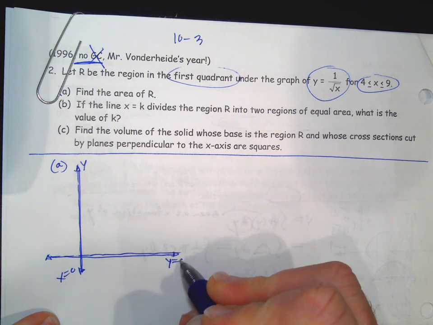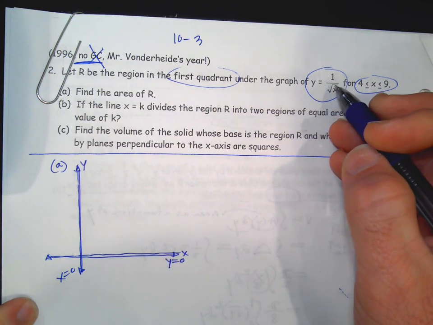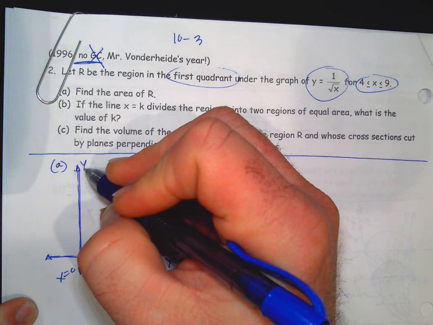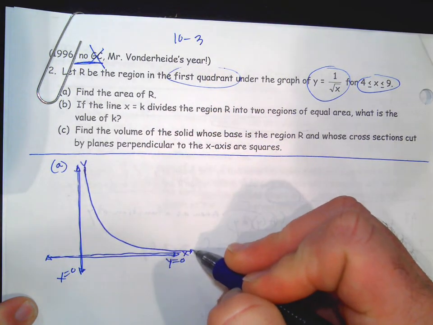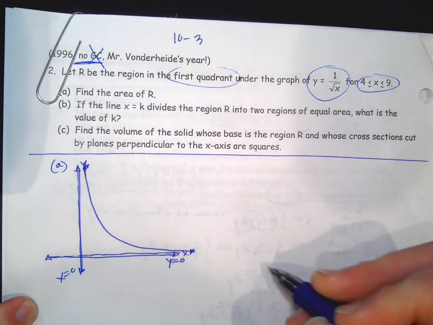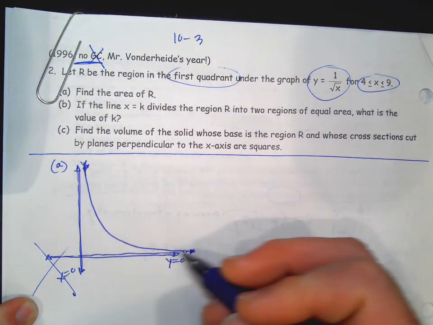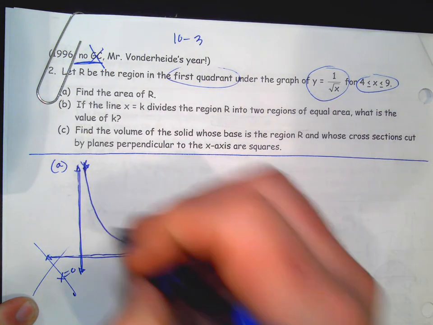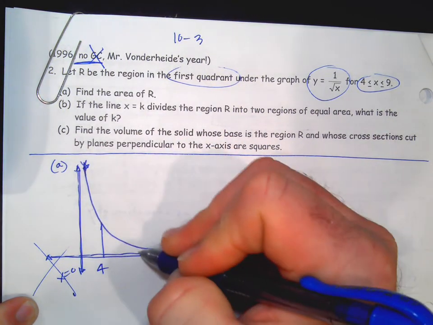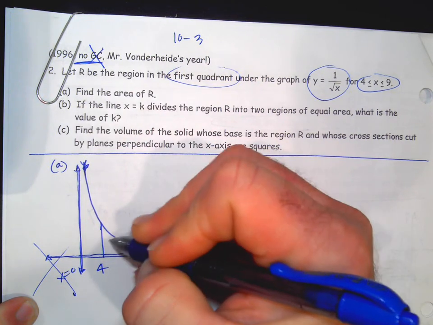You plug small numbers in, get big answers out. Big numbers in, you get small answers out. So it looks like this. It doesn't exist over here like other rational functions because the square root of a negative is imaginary. Doesn't matter. We're only concerned with 4 to 9.